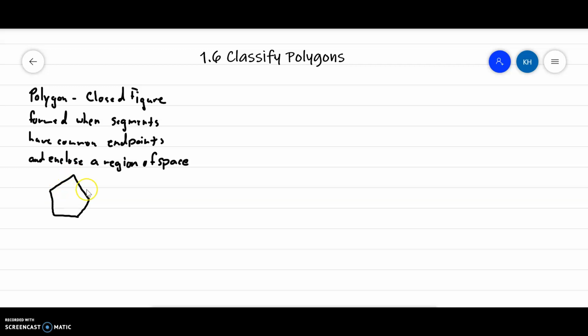For example, here I took 5 segments, I connected them with their endpoints, and they enclose a region of space.